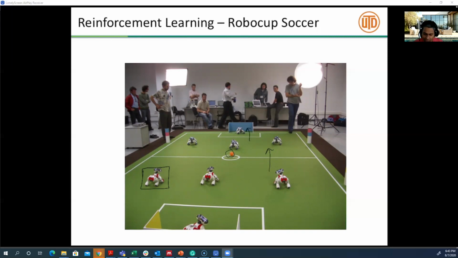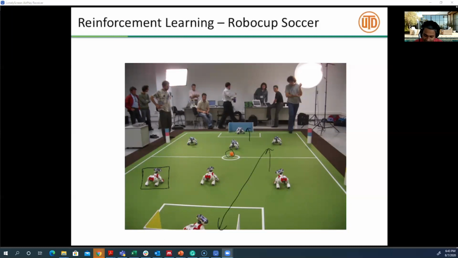But on the other hand, if they lose the ball, so they're taking the ball, but they miss the ball and the opponent takes it, then they get a negative reward, right? So then they learn that these are not actions they should be doing. And if the opponent scores a goal, then again they get a very, very high negative reward. So you can model the reward structure based on the actions that they take.